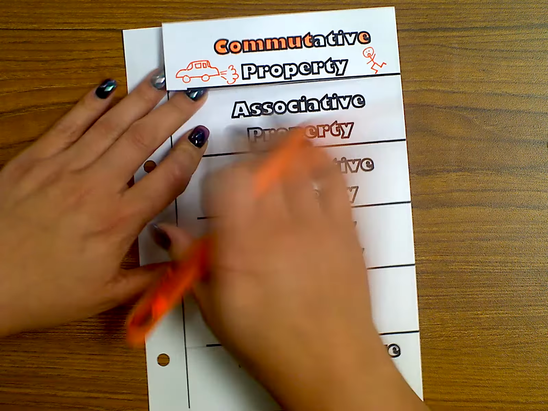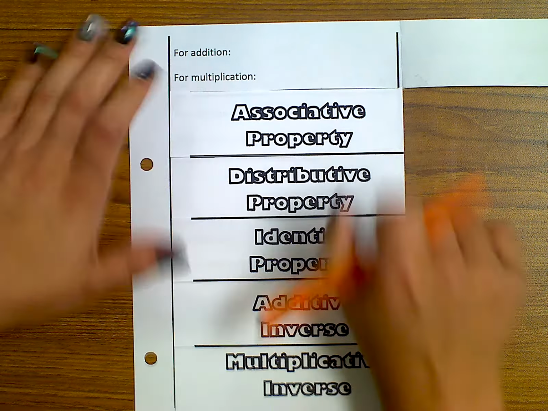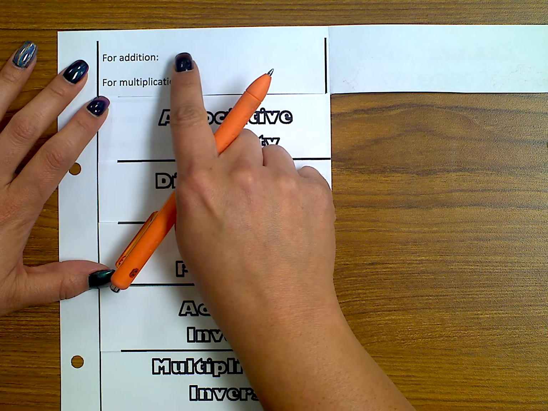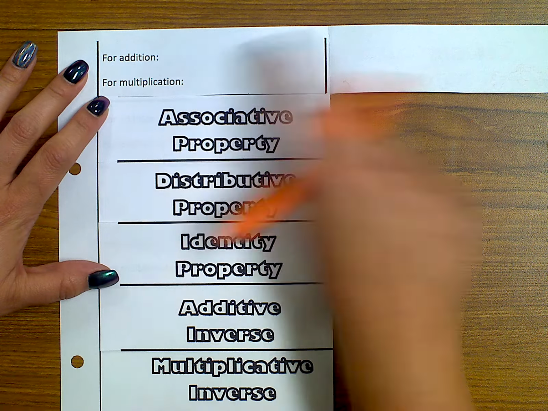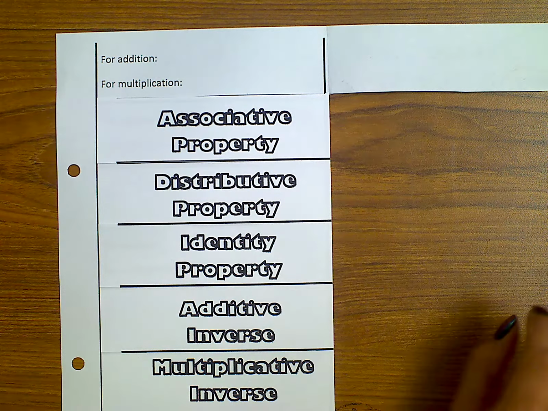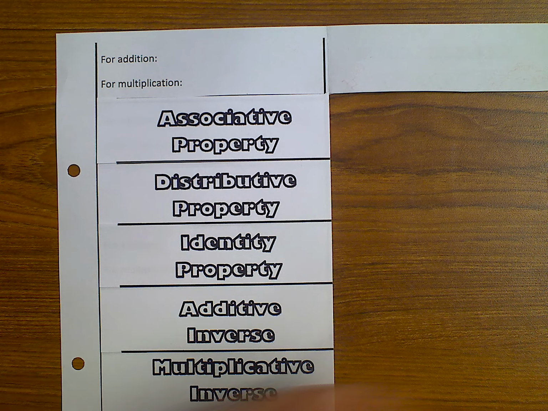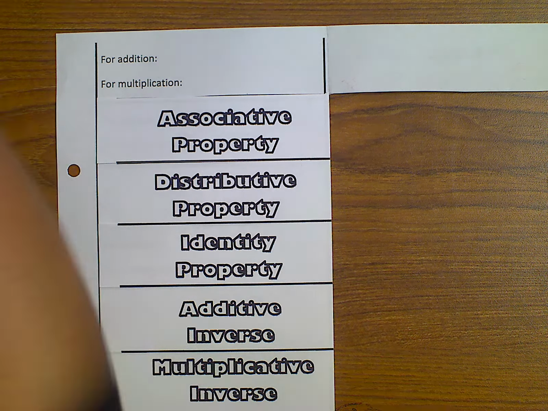So let's do an example of commutative property. I'm first going to show you commutative property using variables, and then we're going to have actual numbers. So I know we did some different numbers in class because you guys kind of shouted out different numbers that you wanted.